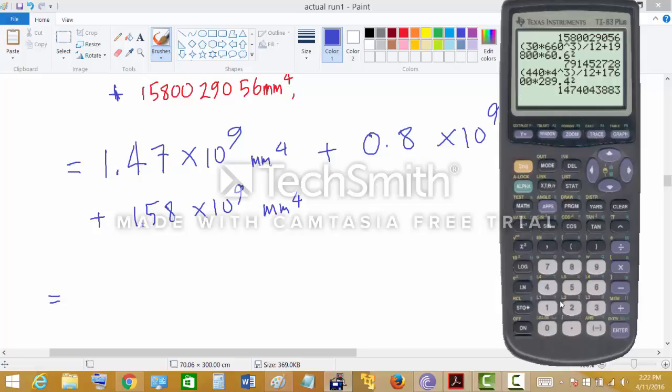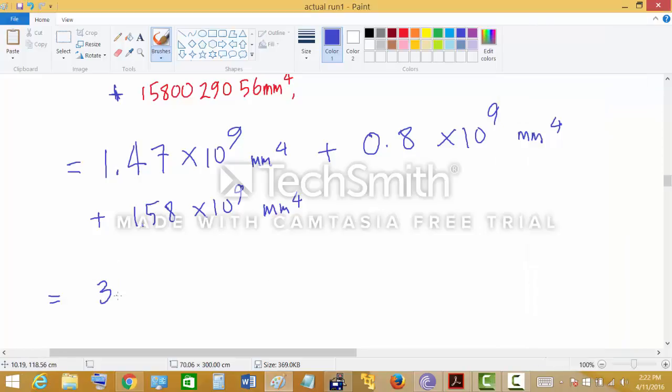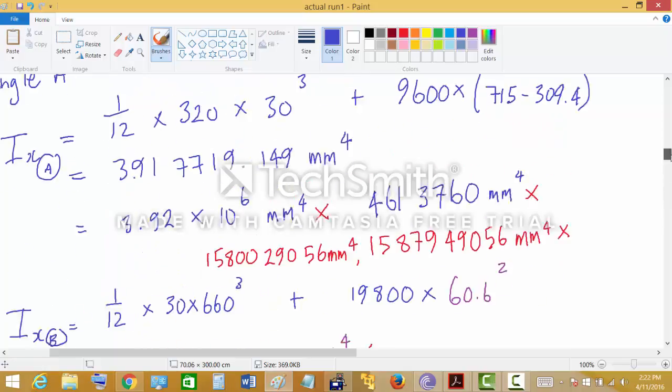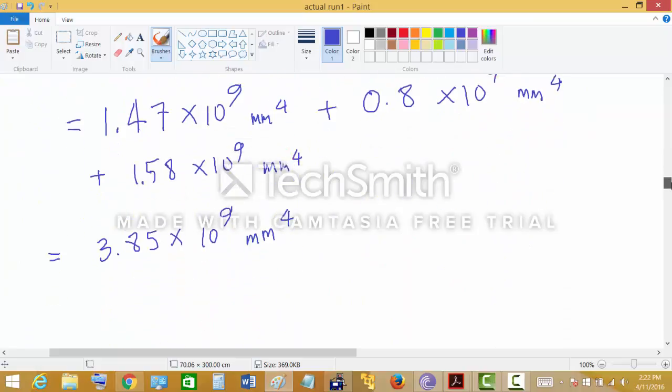Yeah, 1.47 plus 0.5. 3.85 times 10 to the 9 millimeters to the power 4. That's it.